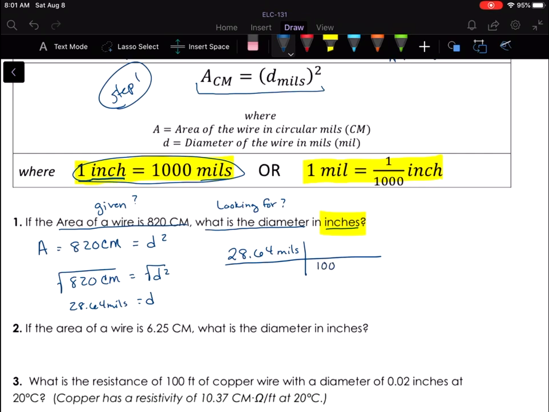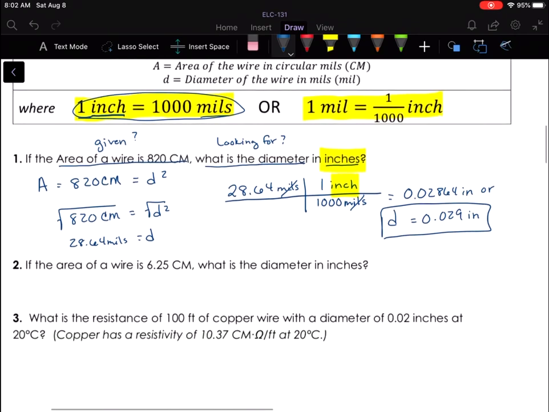I put 1,000 mils on the bottom, because when I divide mils by mils, the units cancel out. And I put 1 inch on the top because that's going to leave me with inches when I'm finished. So 28.64 divided by 1,000, or if we want to round, there's our inches.